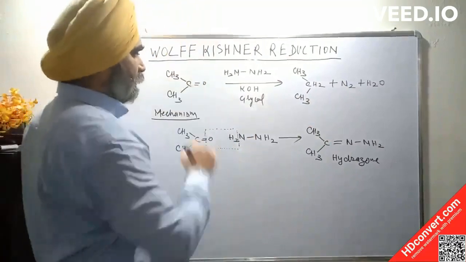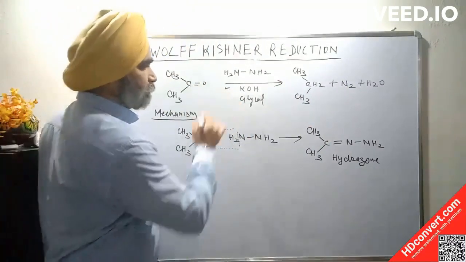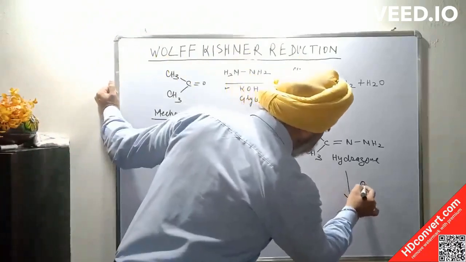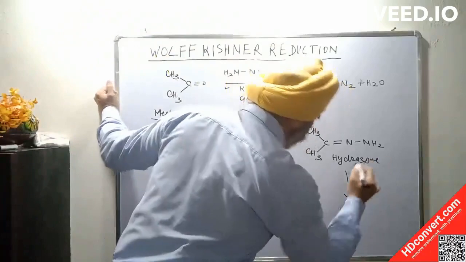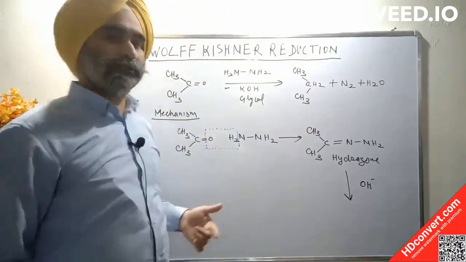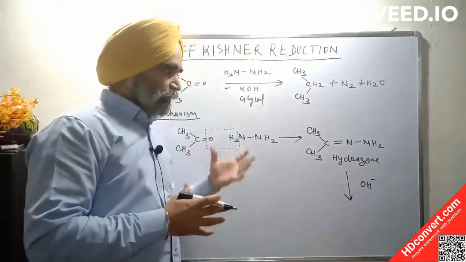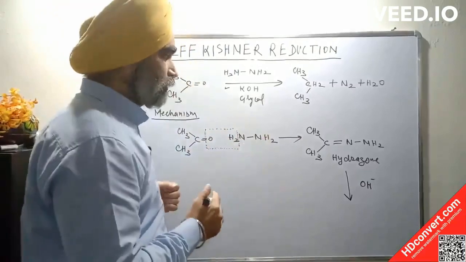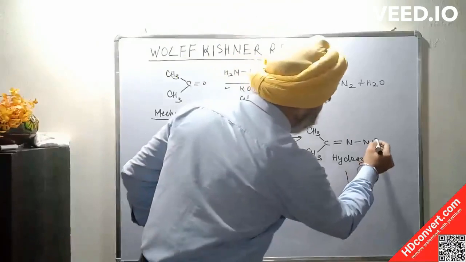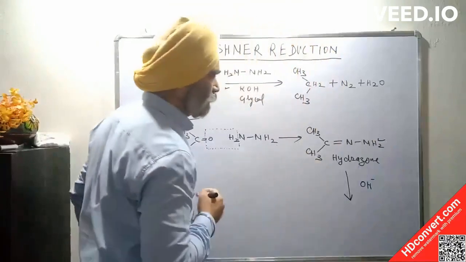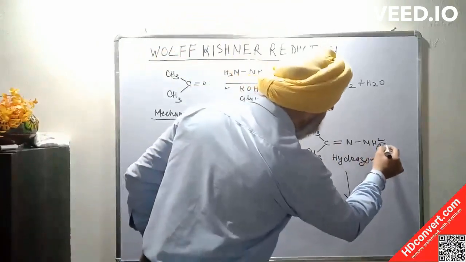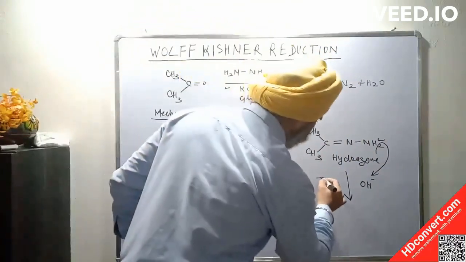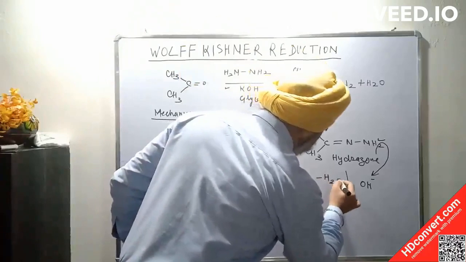Now this reaction is taking place in basic medium. So in the next step, what will happen? We have OH ion. OH ion will act as a base. Now what is the role of a base? Base tries to abstract hydrogen from the compound. It will try to abstract this hydrogen from NH2. So this hydrogen will go with OH minus ion and there will be loss of a water molecule.